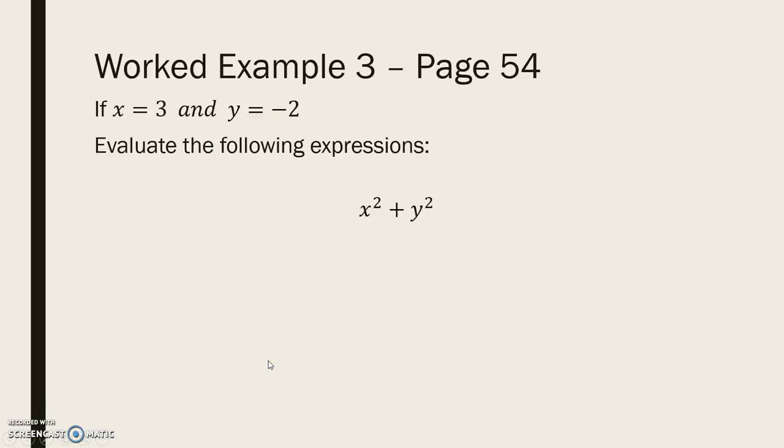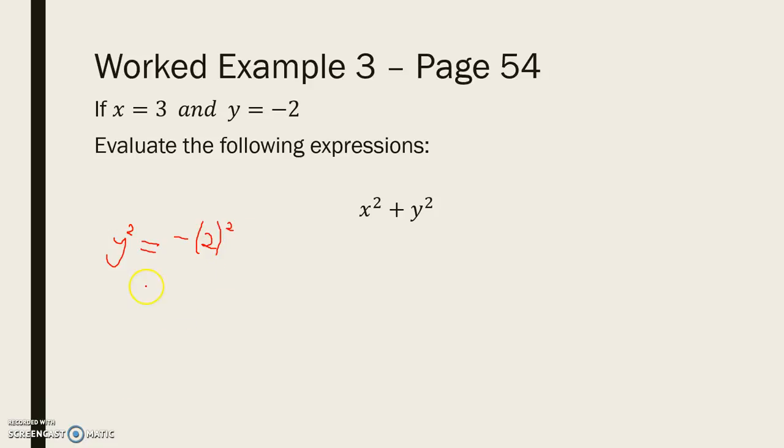This time we're squaring. And this is where the problem comes with a lot of calculators if you don't understand how your calculator works. So if we substitute in the y squared component, like so, some calculators look at that and go, what we're really doing here is squaring that 2 first.